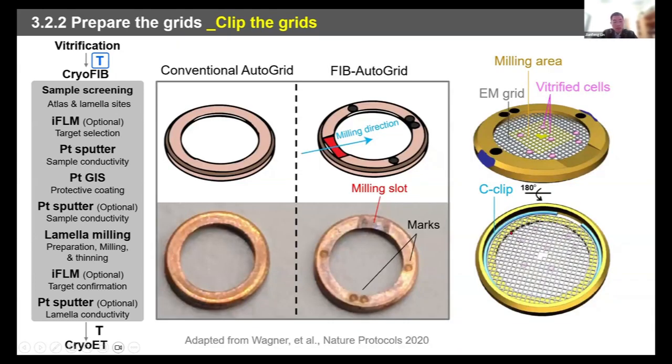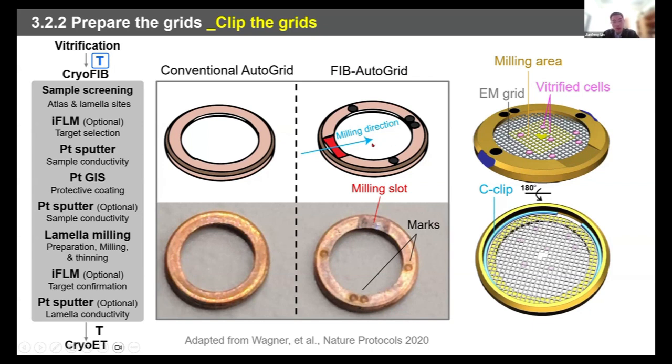So you clip the grids. But here I want to highlight the details about the orientation of your grid. First, you want to make sure your sample is facing up. If you look at the schematic image, the left image is the conventional autogrid. The right image is for a FIB autogrid, which is designed for cryo-FIB.